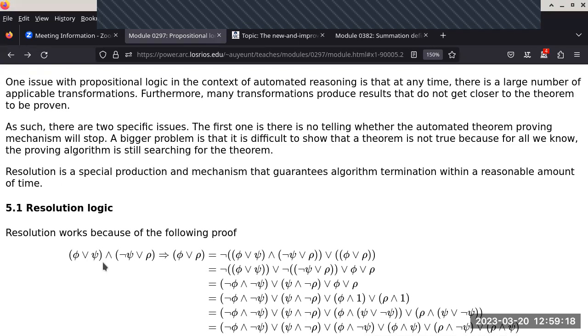The other one on the right-hand side of the and is the same thing. Psi is an element of alpha, so not psi is just a negation of an element of alpha. And then rho can be the leftover of the entire disjunction, whatever it is. So what is the result of this? What does it imply? It implies phi or rho.